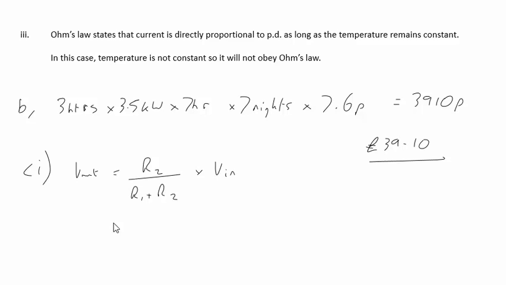So now we can have the fixed resistor, which is 1.1 kilo ohms, over the fixed resistor again at 1.1 times 10 to the 3 plus the variable resistor at 1.4 times 10 to the 3 plus the thermistor at 6.8 times 10 to the 3.